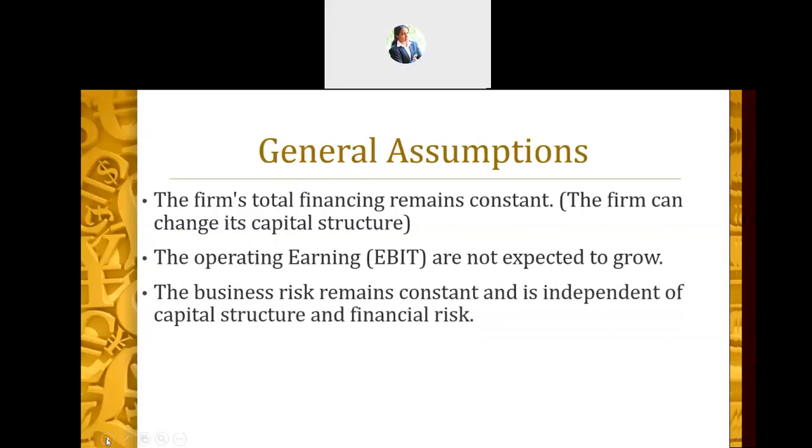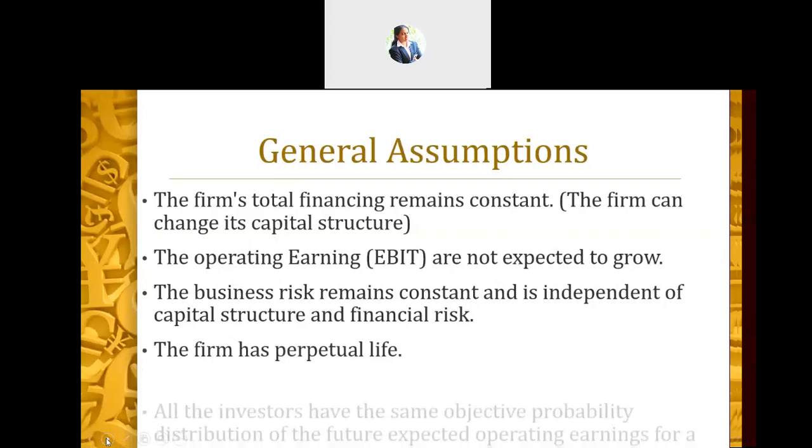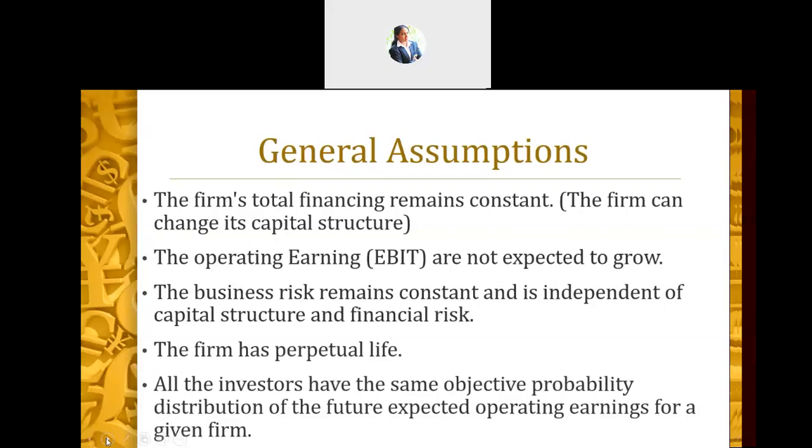It is also assumed that the company has a perpetual life, or a continuous life. Now, regarding the investors, the assumption is that all the investors have the same objective probability about the distribution of the future expected operating earnings for a given firm.